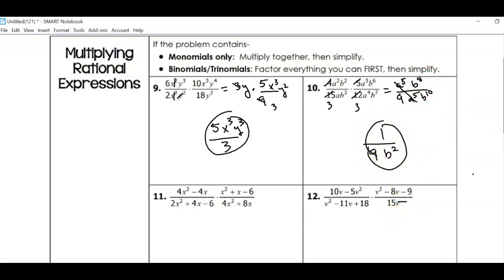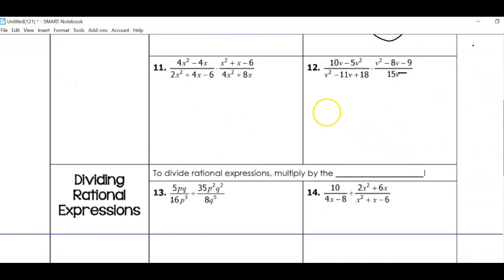All right. So let's scroll down. Now to get a little bit more complicated, when we start looking at factoring out. So first one up here, I need to factor out a 4x, don't I? So let's go ahead and write that 4x out here. That leaves me with an x minus 1. And look at this one.